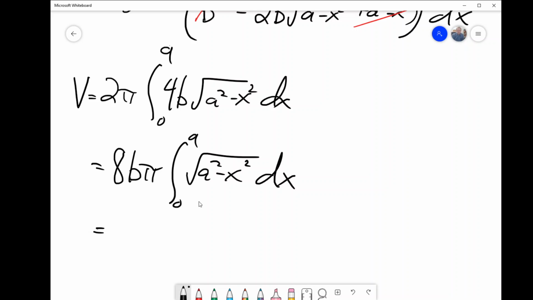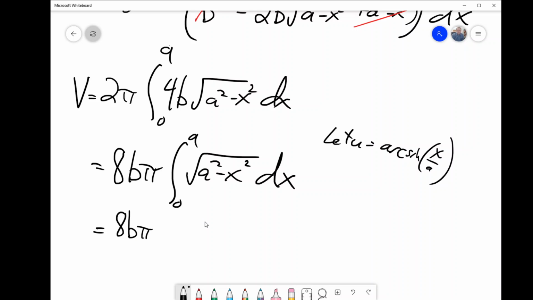Now, with an appropriate substitution of variables here, for example, we could let u equal the arc sine of x over a. That would eventually get us there. Ultimately, though, when we do our substitution of variables, we end up with a rather complicated expression.